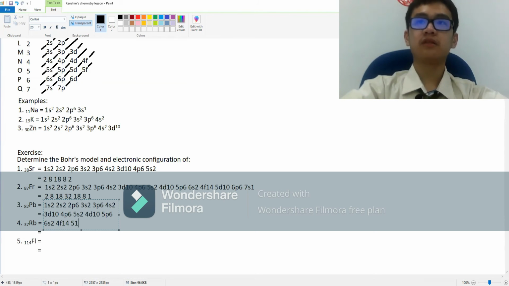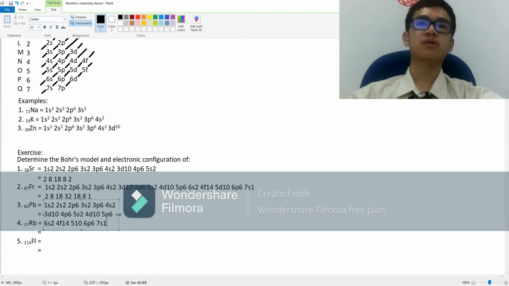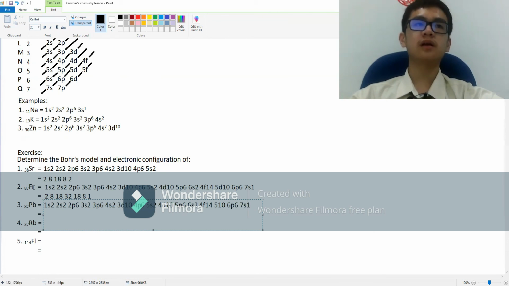Then we have 5d10, 6p6, and 7s1. Now you might be wondering why I went this far, but this makes it easier. So 87 francium is until 7s1.